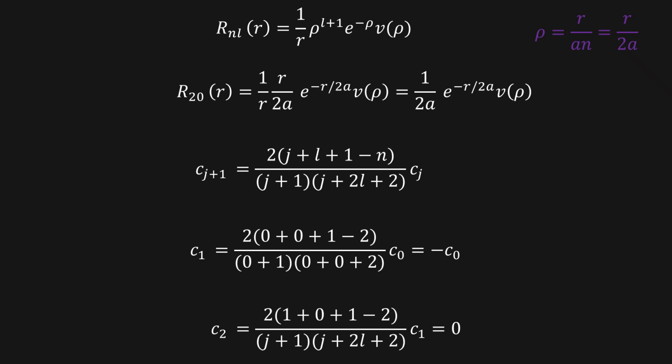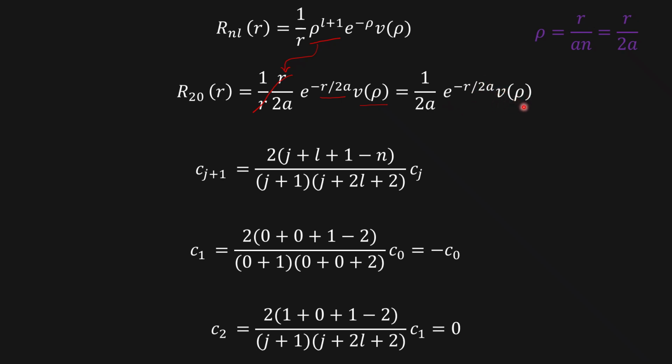Here l is 0, 0 plus 1 is 1. Rho power 1 is simply rho. So rho will be r divided by 2a. Then here also rho is replaced by r divided by 2a. And v of rho we have to find. Here you can see this r and this r will get cancelled. So this will become 1 over 2a e power minus r over 2a v of rho.